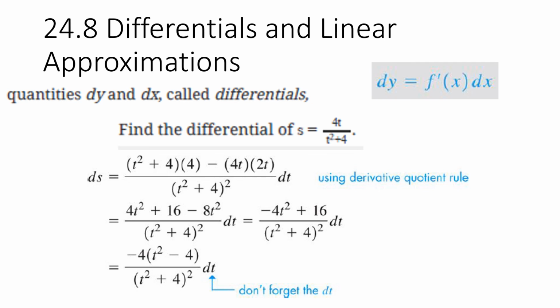But basically, now that I've grouped values together, I find that ds is equal to minus 4t squared plus 16, divided by t squared plus 4 squared, times dt. So remember that if I say ds on one side, I have to write the dt on the other. We call those differentials instead of the derivative because now I've separated out the top and bottom half of the fraction.